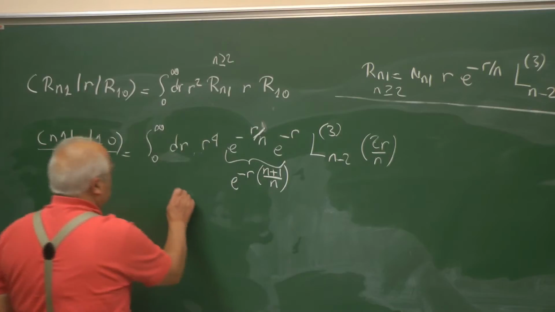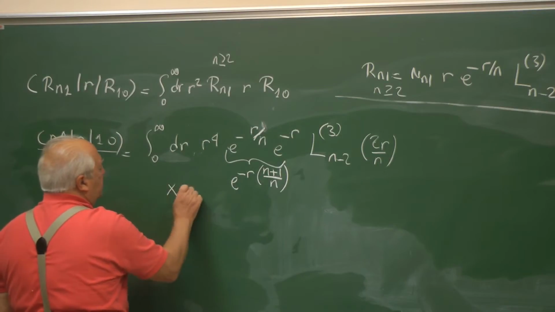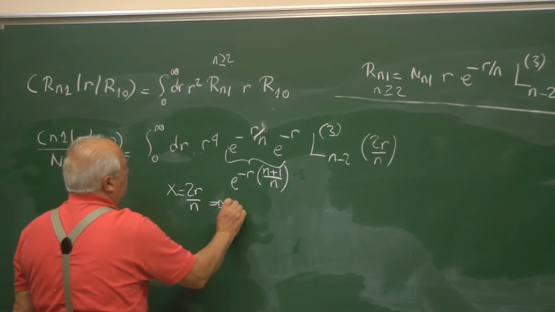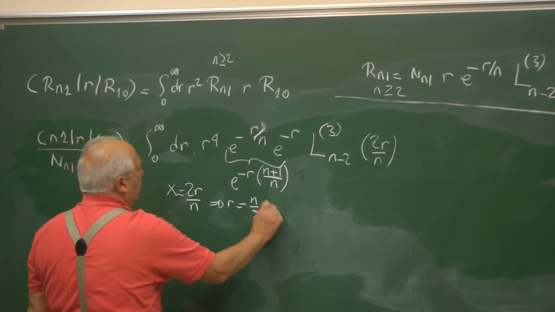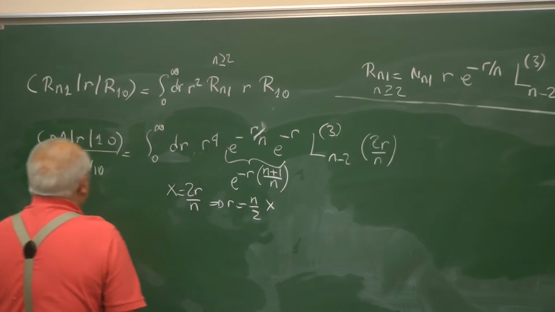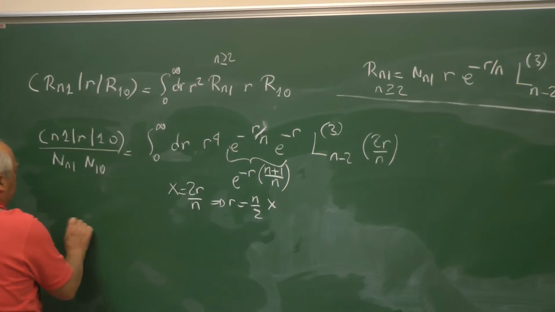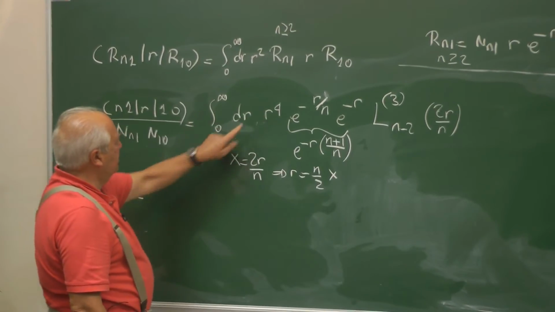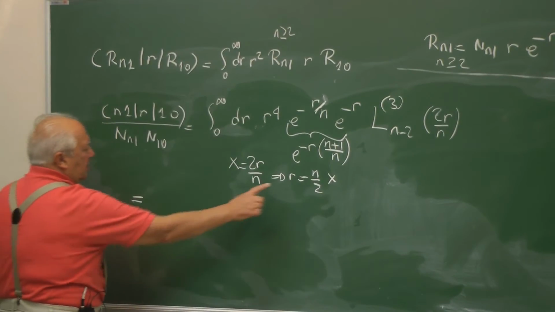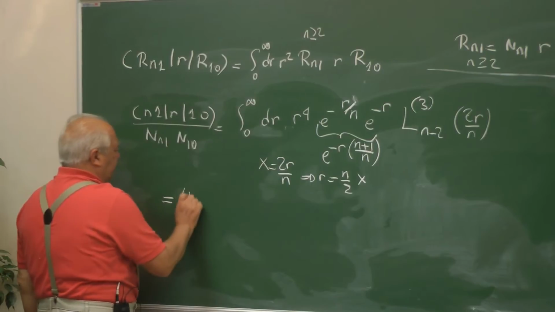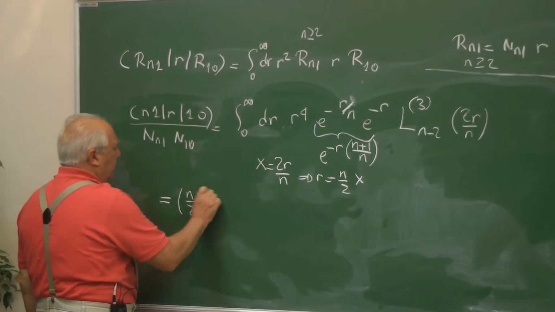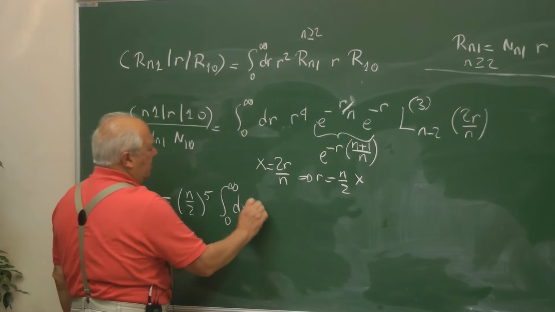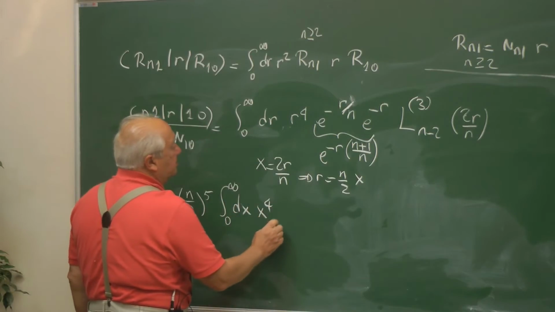You see, the easiest thing is to change the variable from r to 2r over n. So let's do it. x equals 2r over n. That means r equals n over 2 times x. And this is equal to r to the fourth, and there is a dr, n over 2 to the 5, integral from 0 to infinity dx x to the 4.